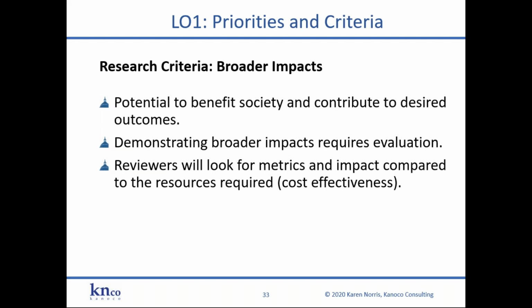Reviewers will look for metrics and benchmarks and impact, and they're going to compare that to what you're asking for. So is this a very expensive research, or is this a very cost-effective method of research compared to the potential benefit?